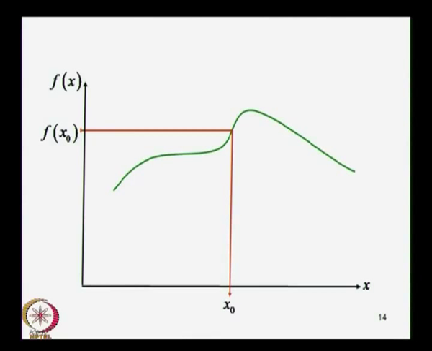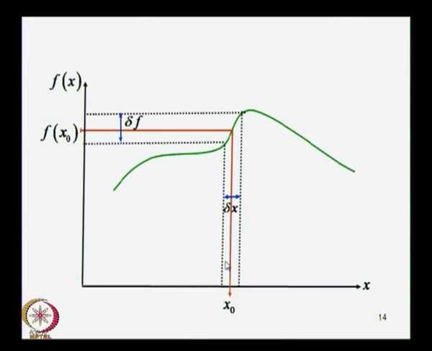What you want to ask is that at a particular point when x is equal to x0, the value of the function is f at x0. So, this is the value that the function has at this point, and then if you look at some neighboring points about this x0, then through what quantity has the function f itself changed. So, that will be a measure of the sensitivity of the function.